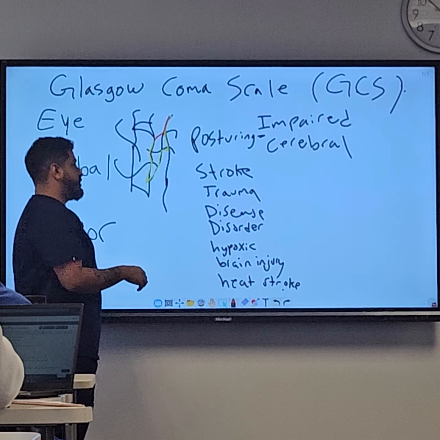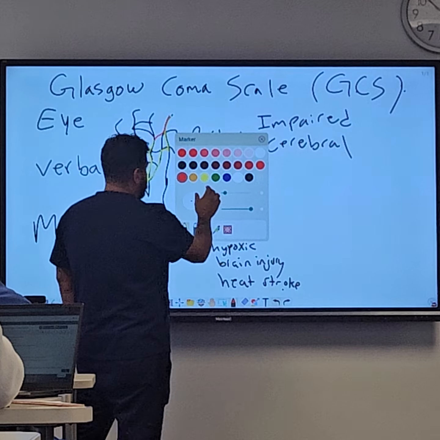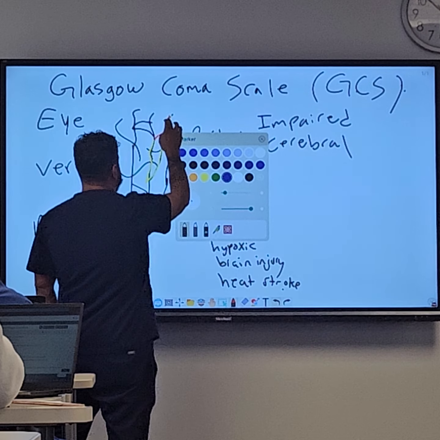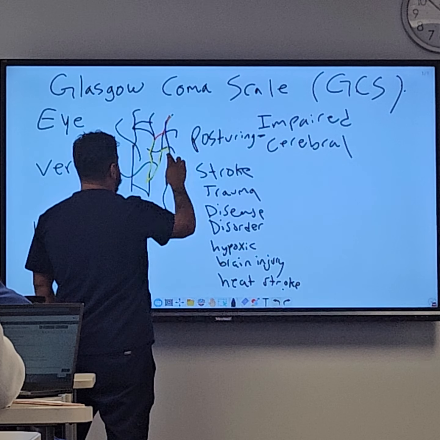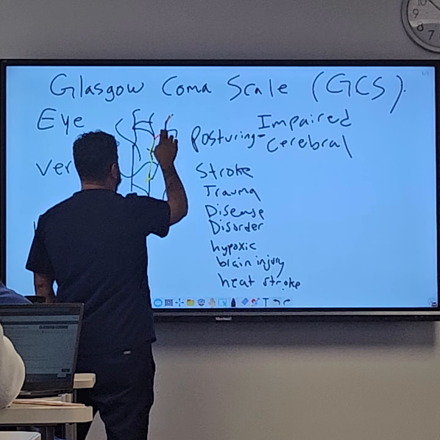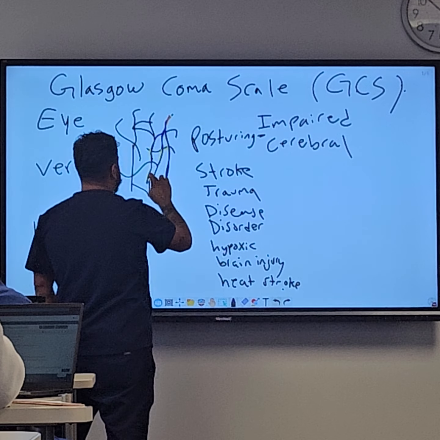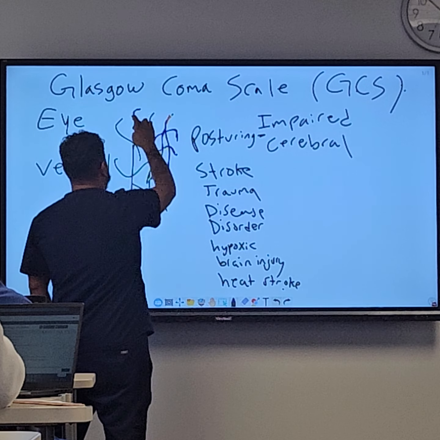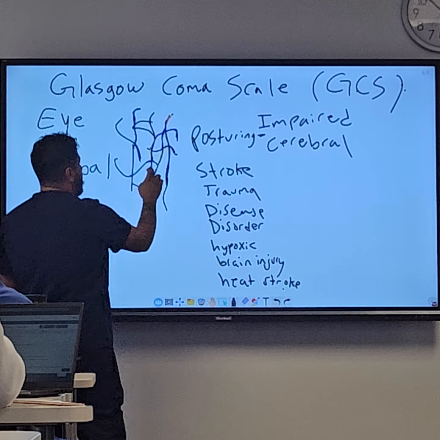So when you have a stroke, you can think of all of this, the blue, as lack of function. You can think of all of this as beginning to die. So this area of the brain can begin to die.